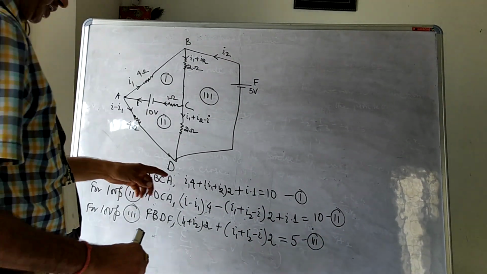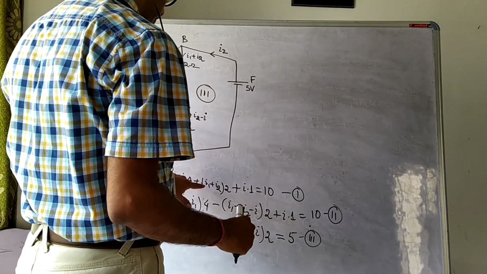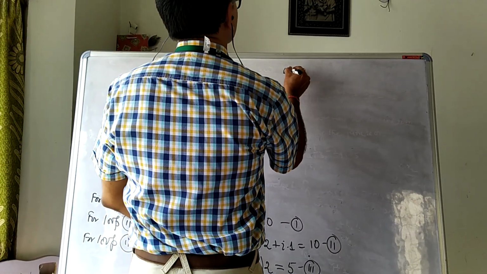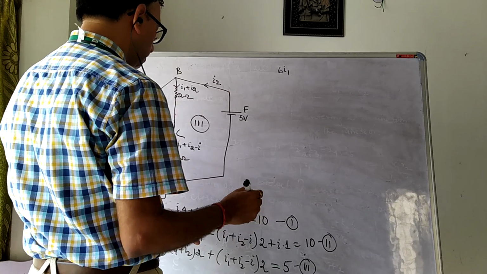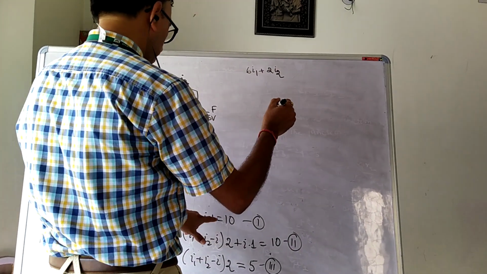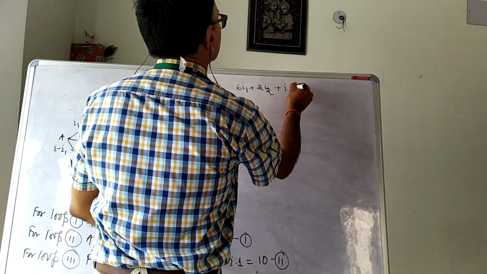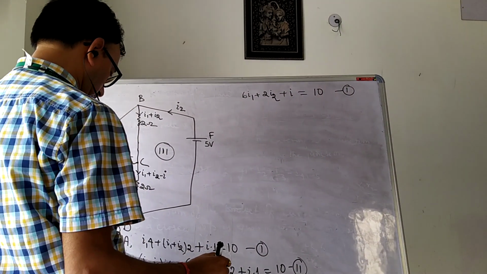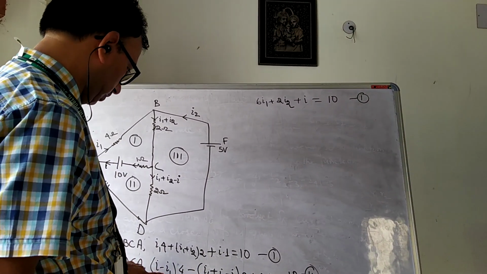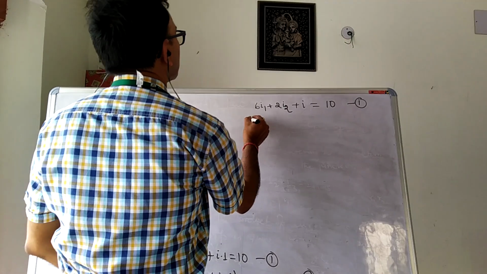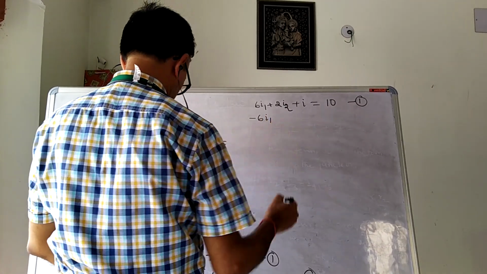So let us solve. How many I1 are there? 4 plus 2, 6. So 6 I1 plus 2 I2 plus I equals 10. Equation 1. Now for equation 2, 4 I1 minus 4 I1 minus 2 I1, so minus 6 I1.